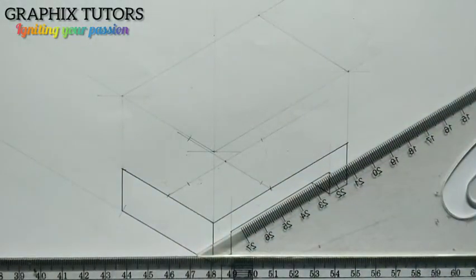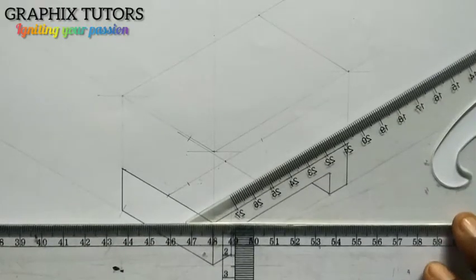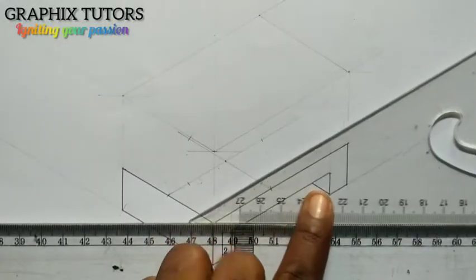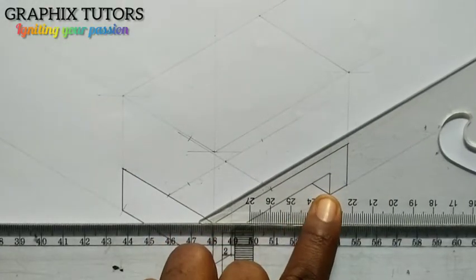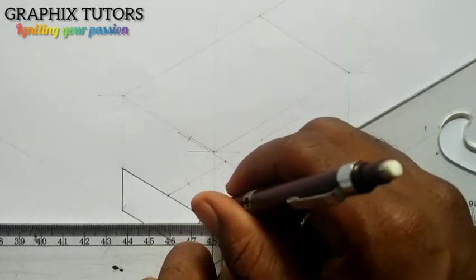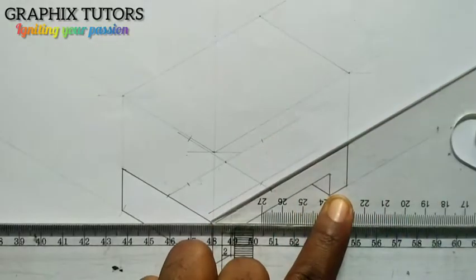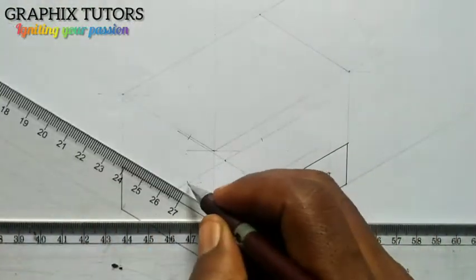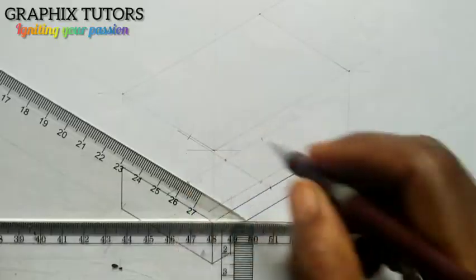So I will now take my set square to join them together. Do what I'm doing here with the help of this guy. I will draw my faint line, right? And I'm going to turn it this way too. I'll draw my faint line.